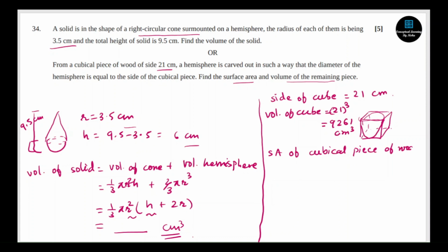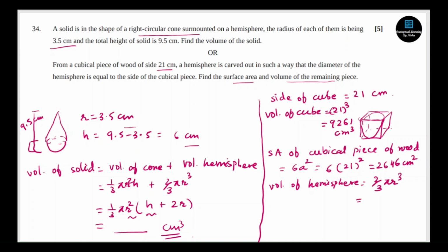This is equal to 6a square. So if you substitute the value again, you will get 2646 centimeter square. Alright. Now you can find the volume of the hemisphere, which is 2 upon 3 pi r cube.